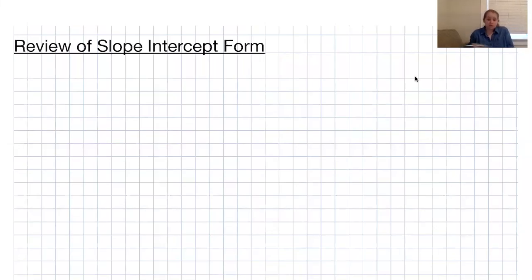Welcome to a quick review of slope-intercept form of a line.